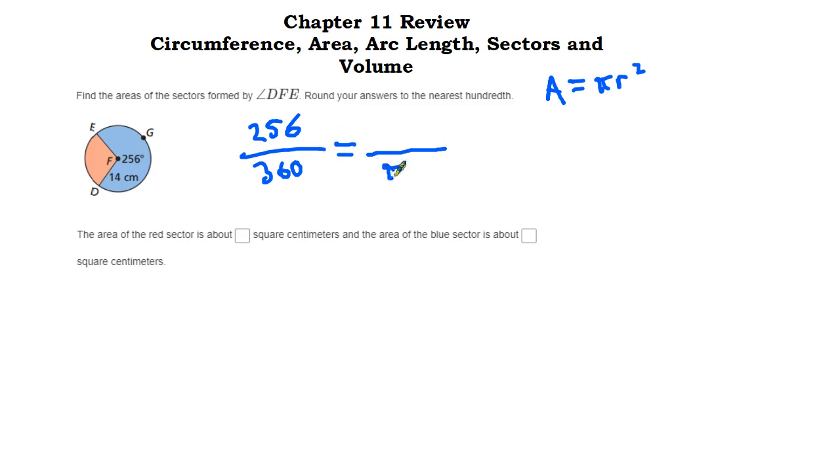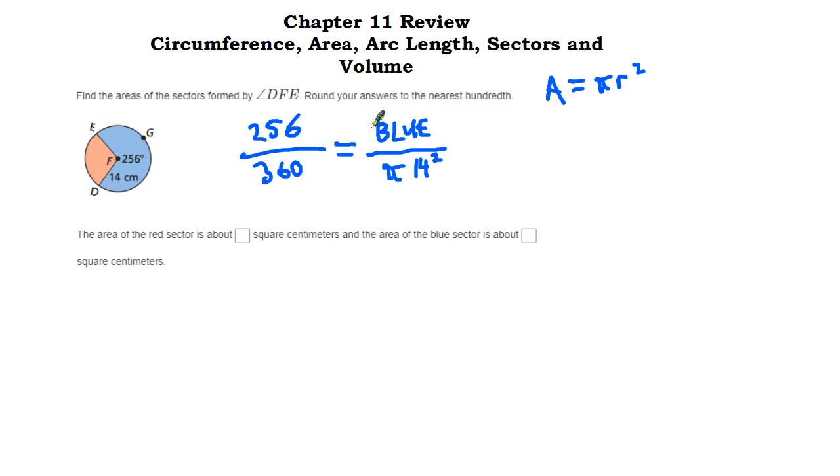So that's pi times 14 squared. And then the area of the sector is what I don't know. So I could call it x, or I could call it DFE or blue. I think in this case, since DFE could be blue or red, I'm just going to call it blue if you don't mind. There we go.